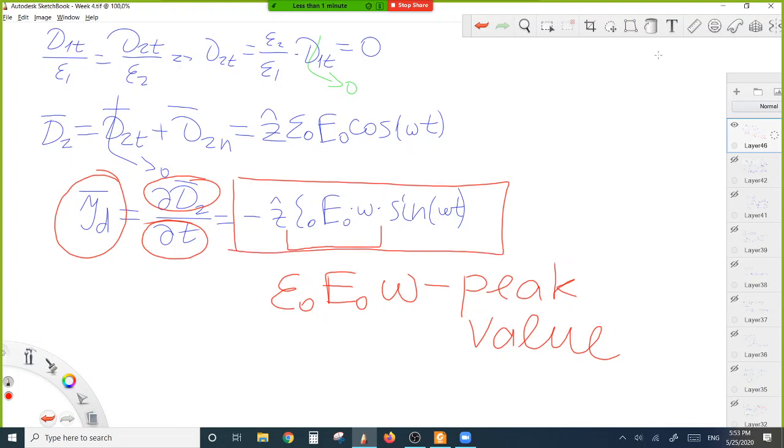This is changing in time by the law of sine, it is harmonic, and the peak value is this, the peak value of the displacement current density.